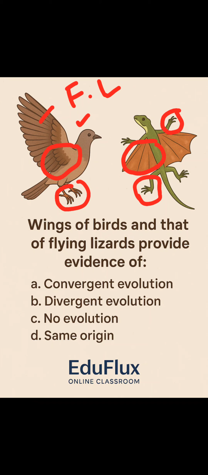And in case of the lizard or reptile, these wings are actually the modification of the ribs with skin flap. You can see this is the skin flap, and these are the forelimbs. So these wings originated from the ribs with the skin flap.